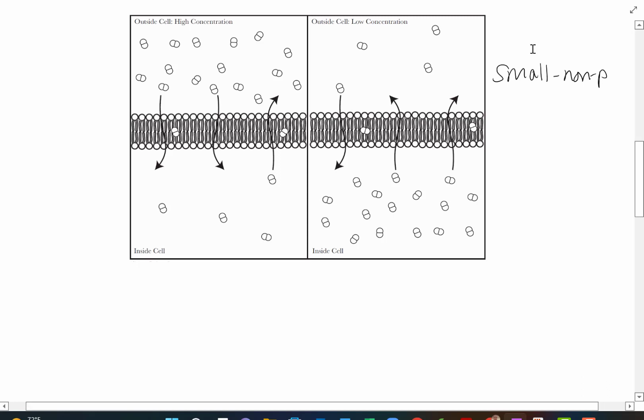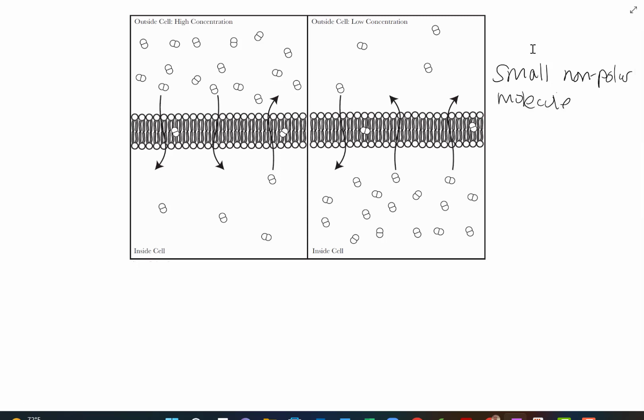Small nonpolar molecules can pass through. And so we gave some examples.